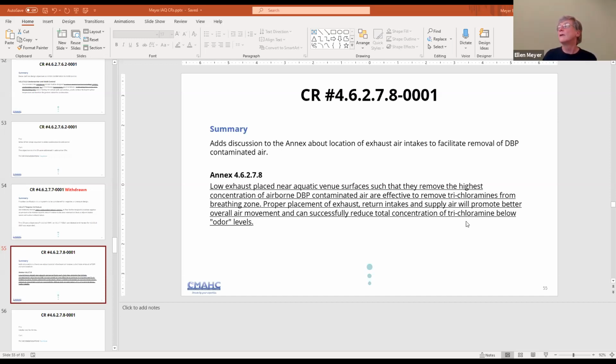Ellen, if I can step in for just a second, just some background information for everyone. CMAC started working with Purdue University and Dr. Blatchley on putting together a set of research to study indoor air quality. And I don't have the parameters of that research in front of me, but some of these CRs came out of specific research performed at Purdue based on this study that we commissioned.